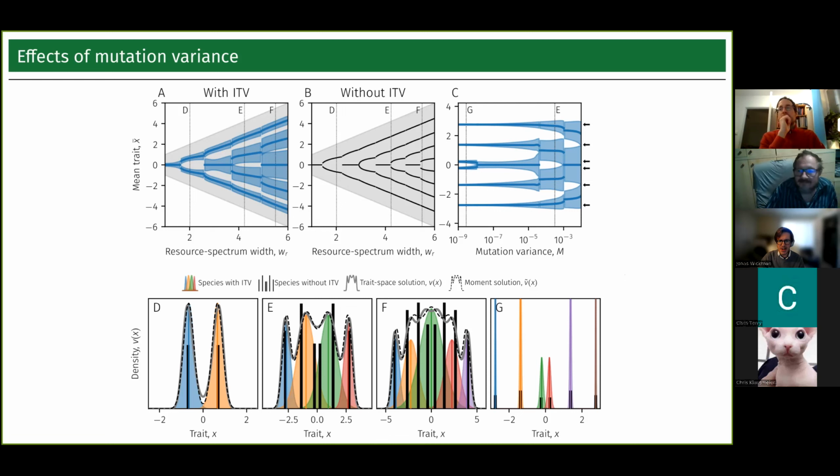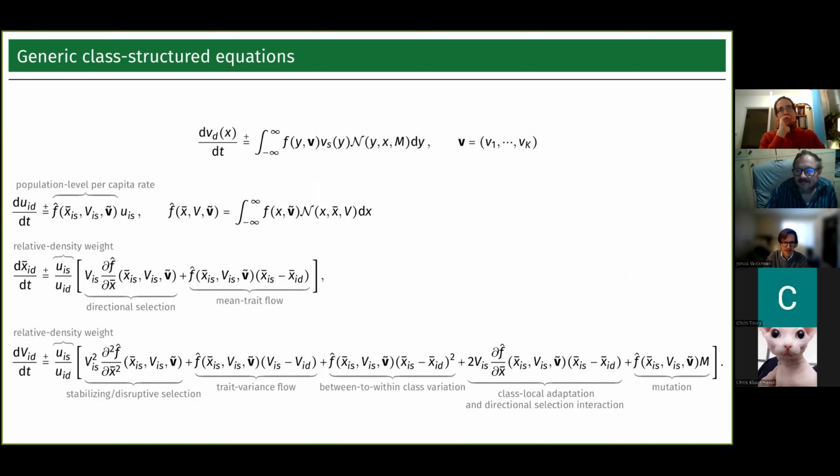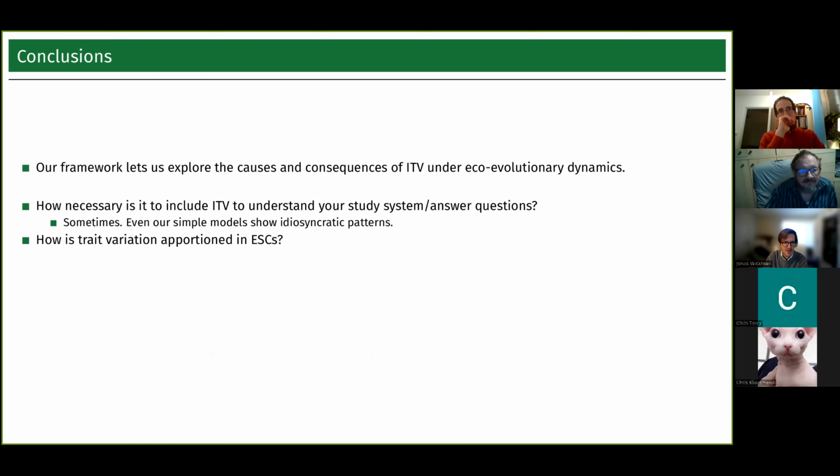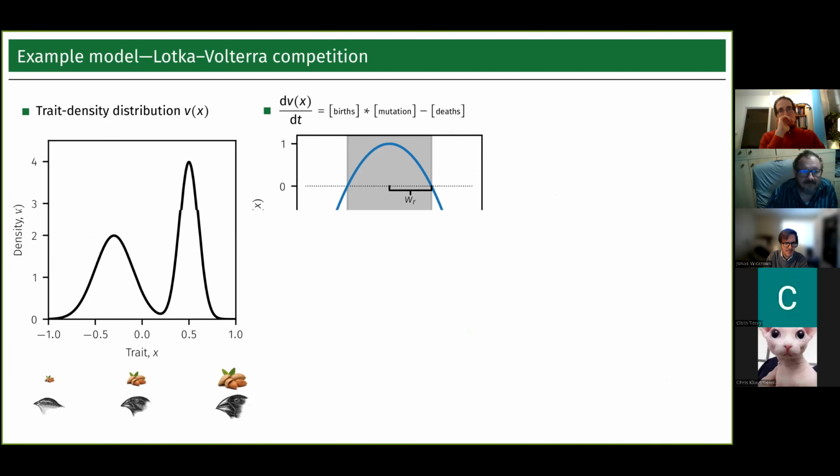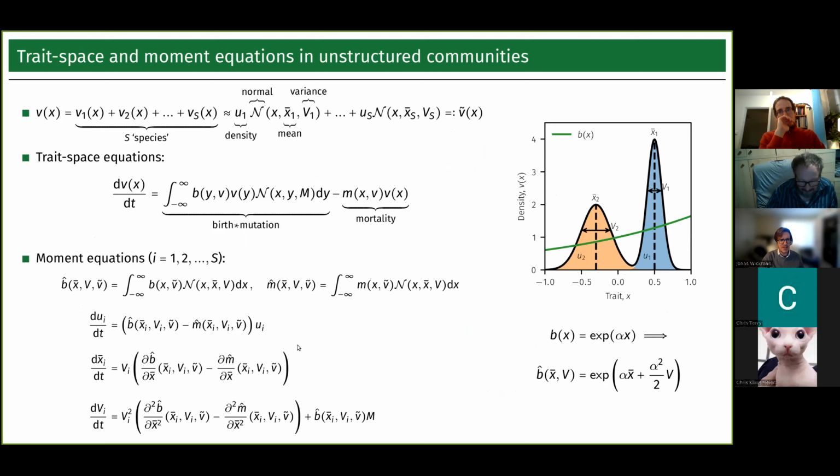Yeah, so generally in a lot of these models, a lot of these moment methods revolve around Taylor expanding the rate functions. The reason it can be important is that you often get a quadratic term, which means that when you have disruptive selection, you get divergence towards infinity in the variance term, similar to what you described.